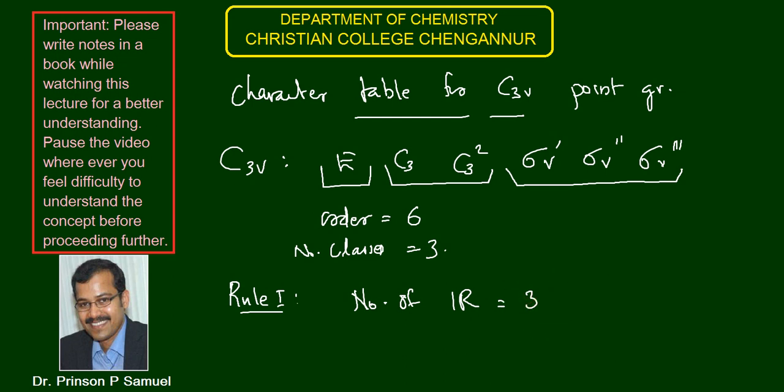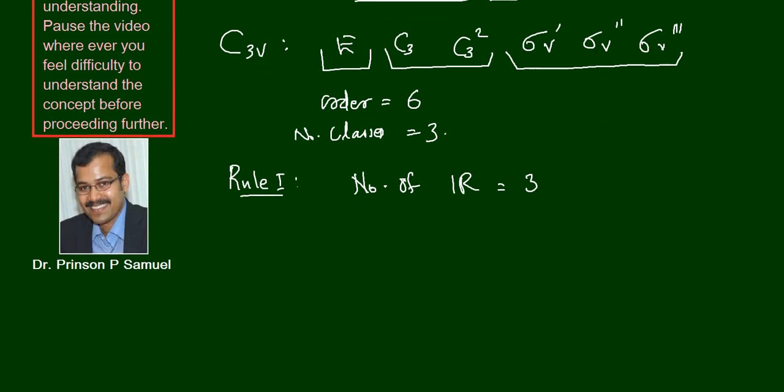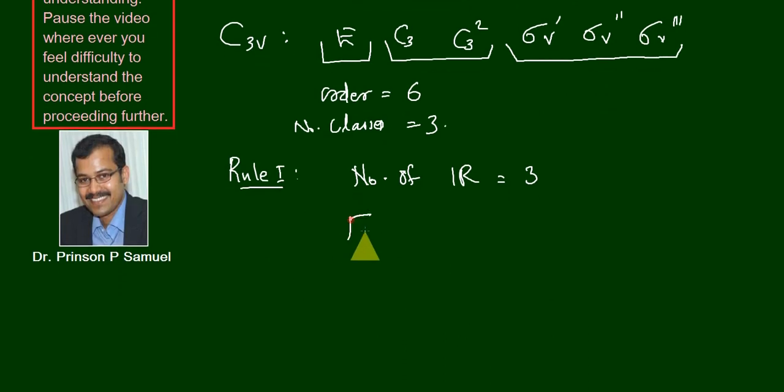We will see 3 irreducible representations, namely gamma 1, gamma 2, and gamma 3. At a later stage, I will replace these symbols with the Mulliken symbols that will be filled in area 2 of the character table. At this moment, let us call them gamma 1, gamma 2, and gamma 3.